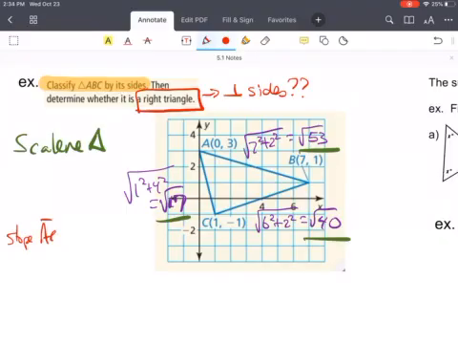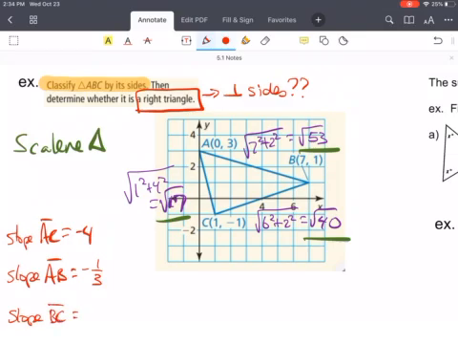So I would get that the slope of AC is -4. And the slope of AB is going to be -1/3. Actually, that is not correct.